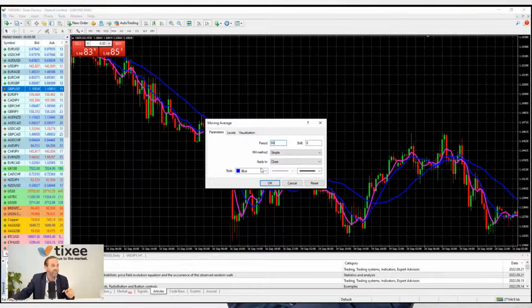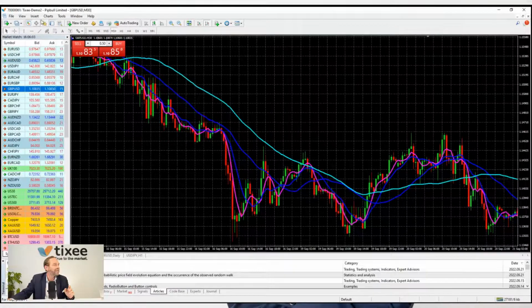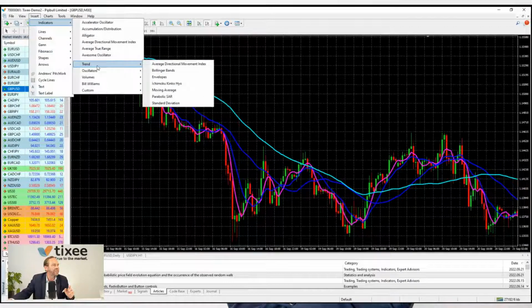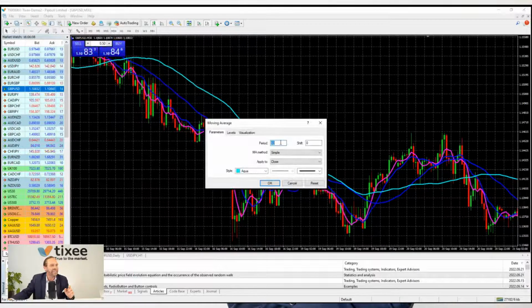It certainly didn't work for me, even though I do use ribbons sometimes. But he had up to about 8. I'm not going to put 8 in, but he had 8 moving averages on his chart.